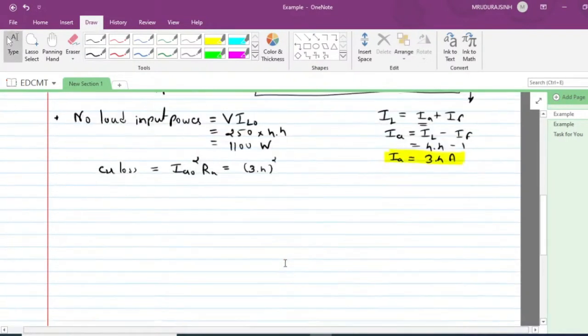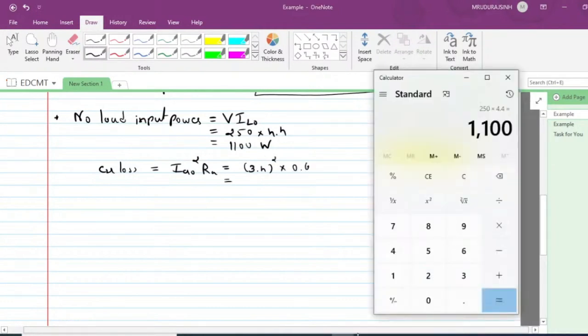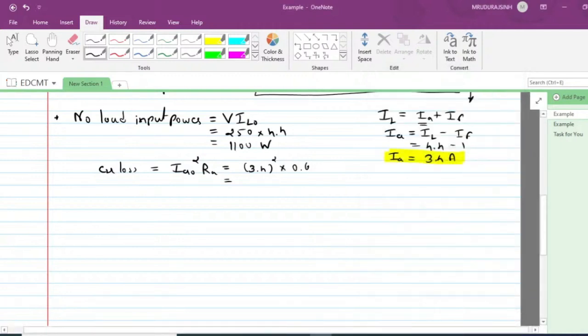Ra is 0.6, so that's 3.4 multiplied by 3.4 multiplied by 0.6, that gives us 6.936. We will take it as 6.9, right? So this is 6.9 watt.